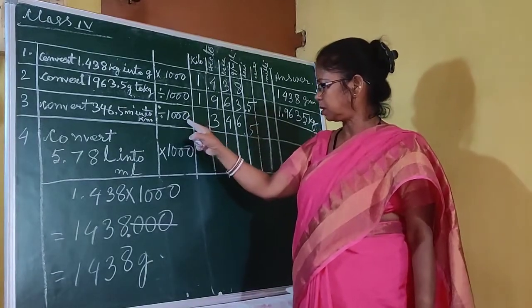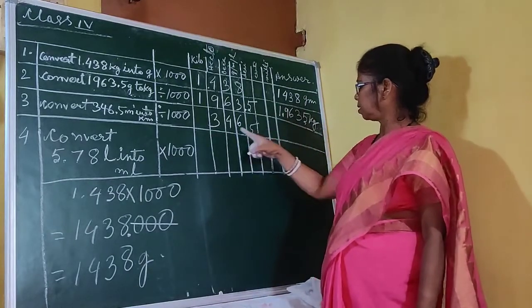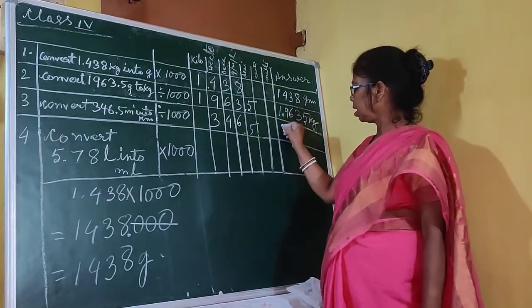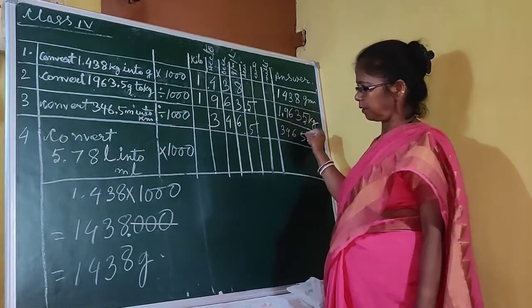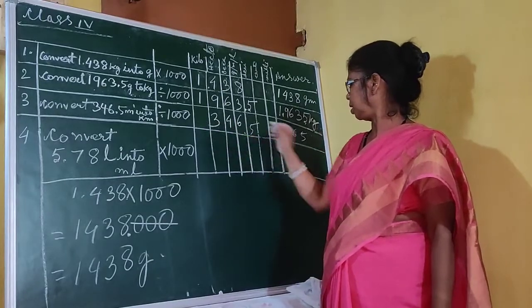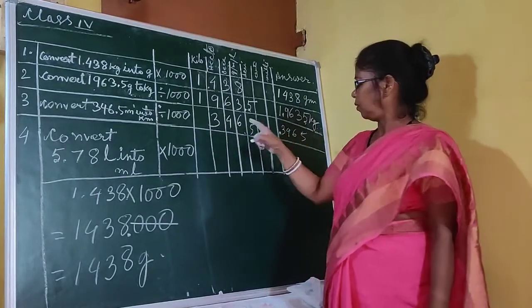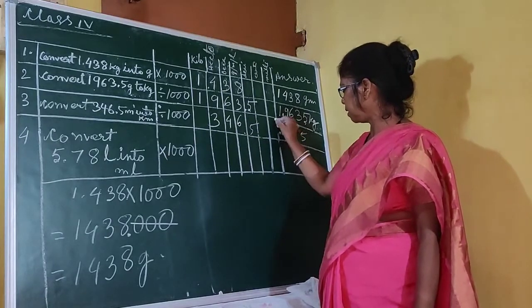So the decimal will shift this side, the left side. So here it will come 3, 4, 6, 5. Then the decimal will come here before 3. Before 3, 3 places. 1, 2, 3. Here there is no number, so you can write a 0.